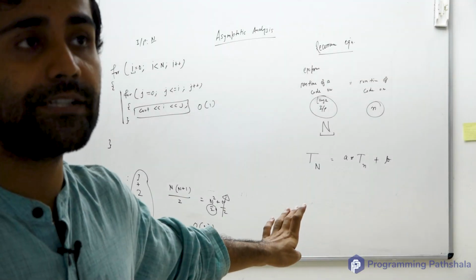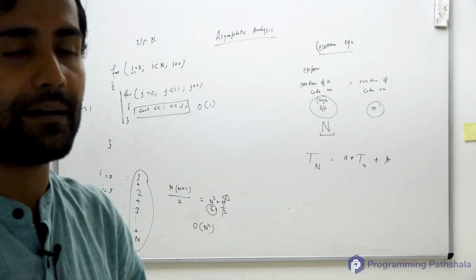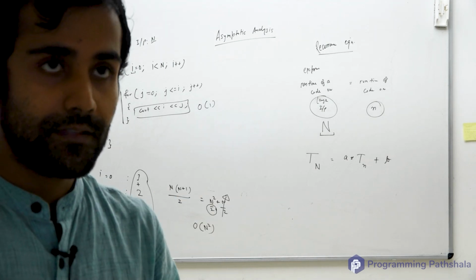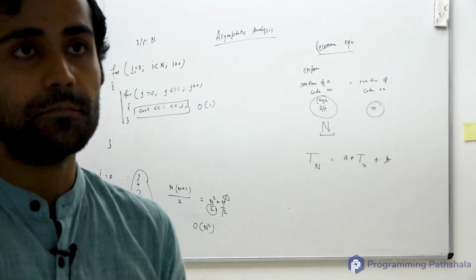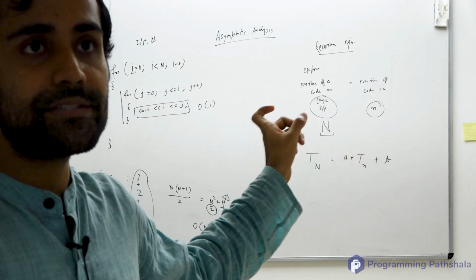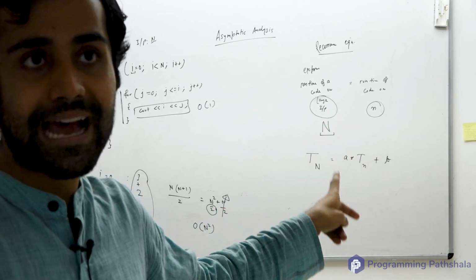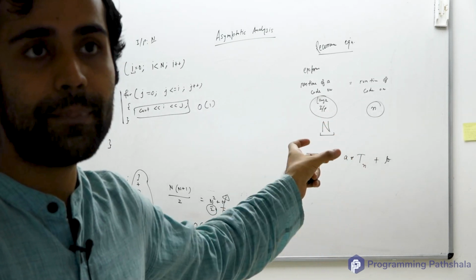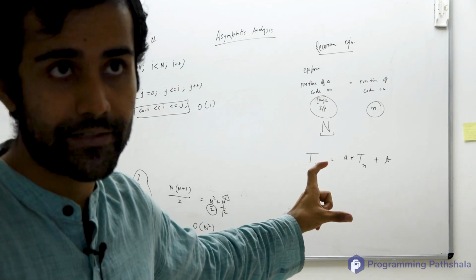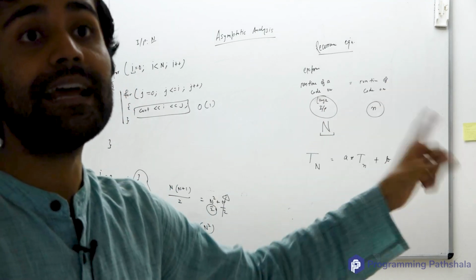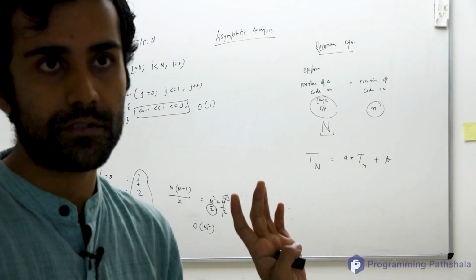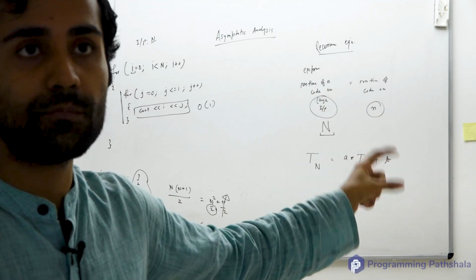Simple enough, right? I'll give you one very simple example. Just read what is written on the board. It tries to express the runtime of a code on a large input, for example I took the large input as large n, got it? To the runtime of the same code on a smaller input. Let's say that smaller input is small n.